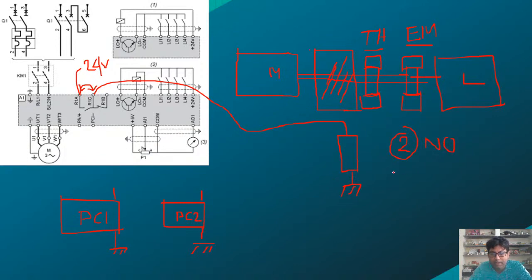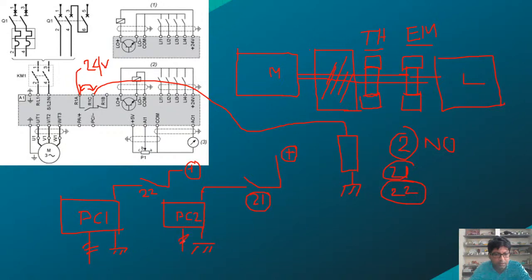And these two NO contacts, say are named 2-1 and 2-2. So this coil supply will be connected through 2-1, and this other one will be connected to 2-2.